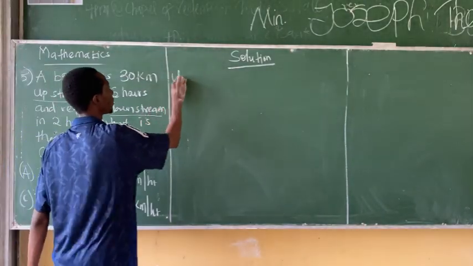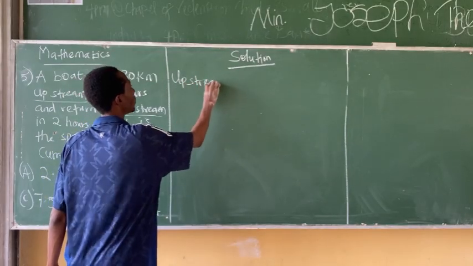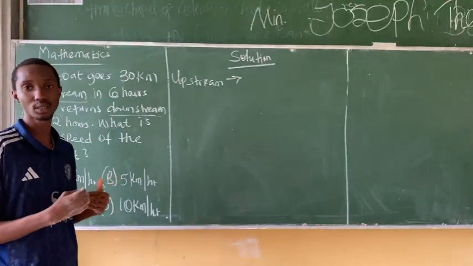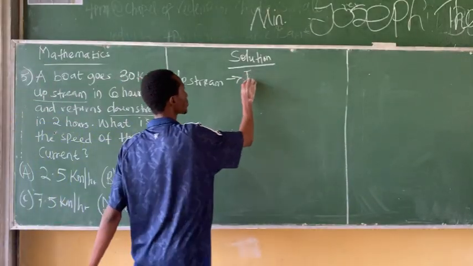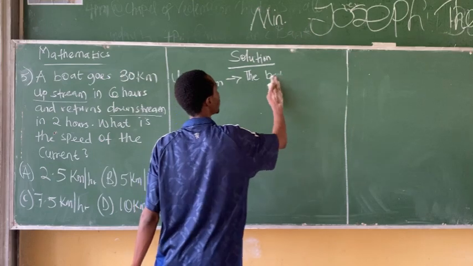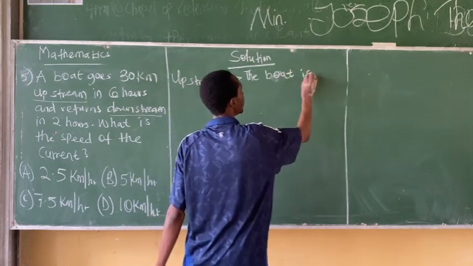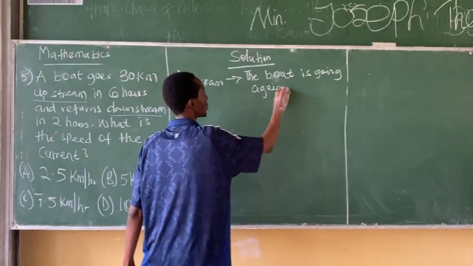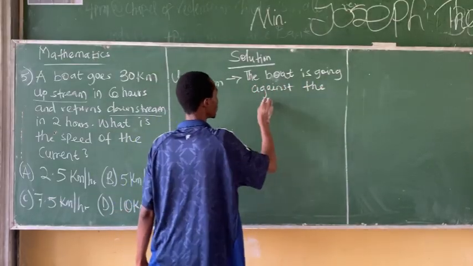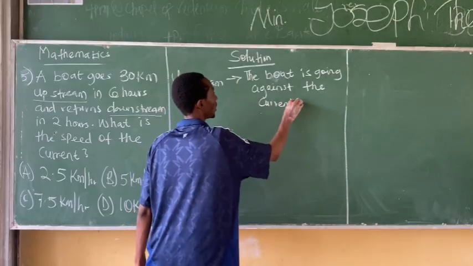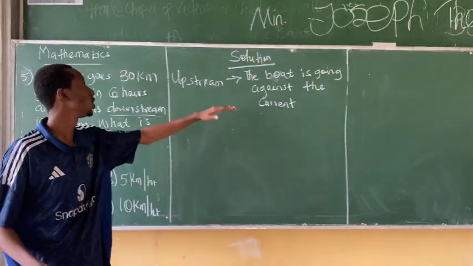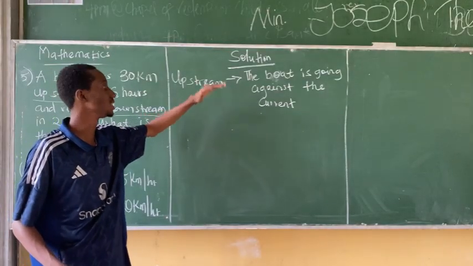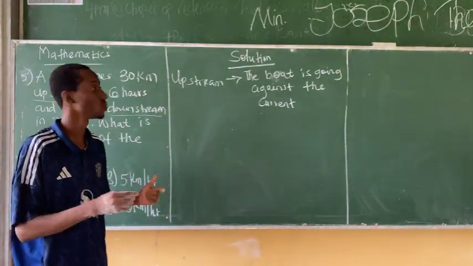Upstream here simply means the boat is going against the current. And if the boat is going against the current, the speed of the boat is slow.